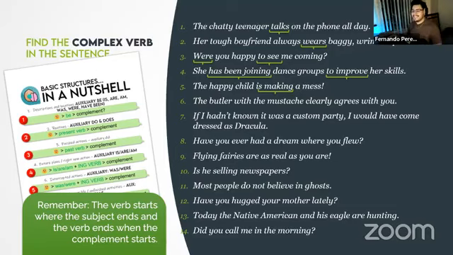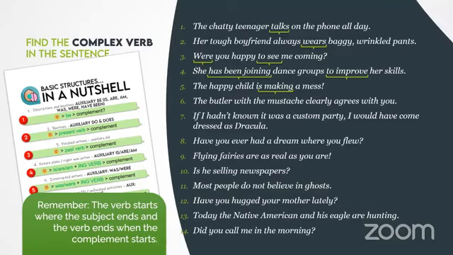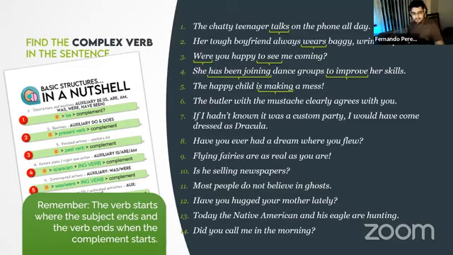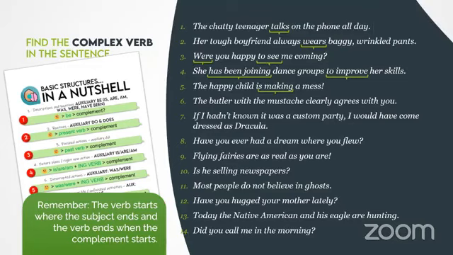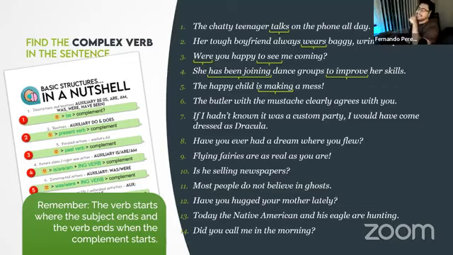Good. Number 6. Brian. The butler with the mustache clearly agrees with you. And the verb is clearly agrees. You are incorrect.